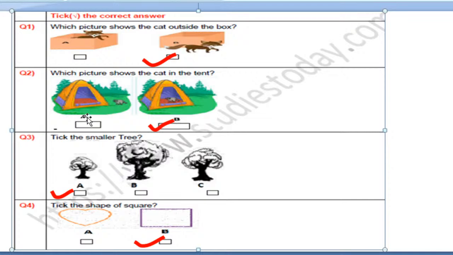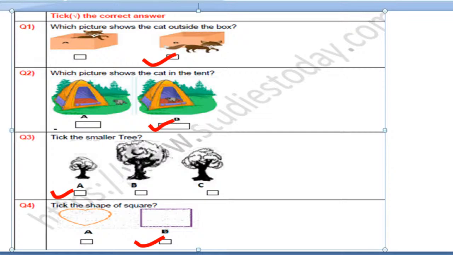Look at the first question. Which picture shows that the cat is outside the box? I have already marked it. Here, look at the picture and look carefully.